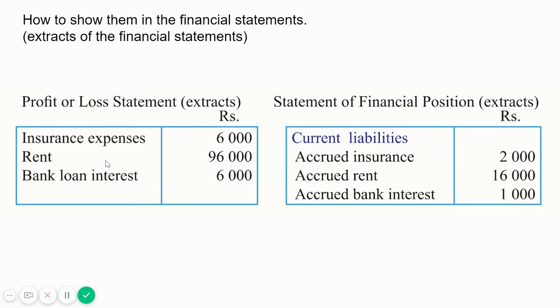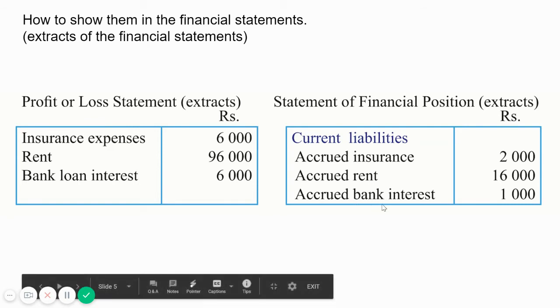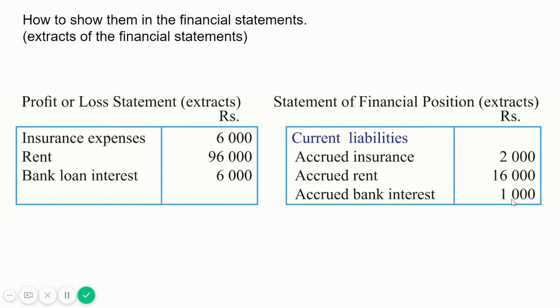The rent amount for the period will be 96,000, but the accrued rent will be only 16,000. Again, the bank loan interest for the period will be 6,000, but accrued bank interest will be only 1,000 rupees.